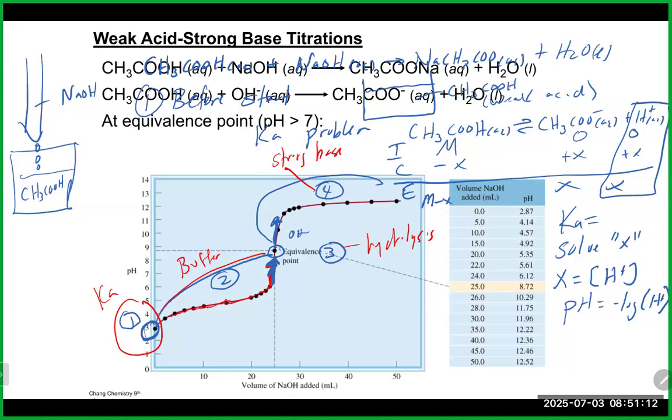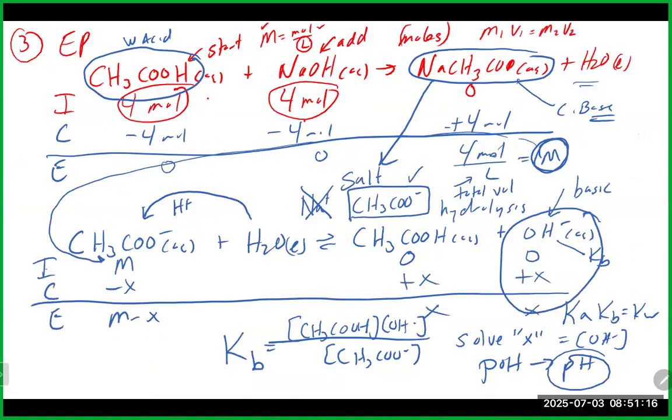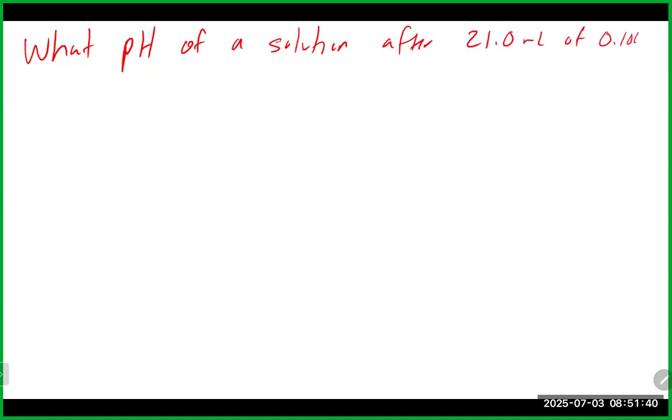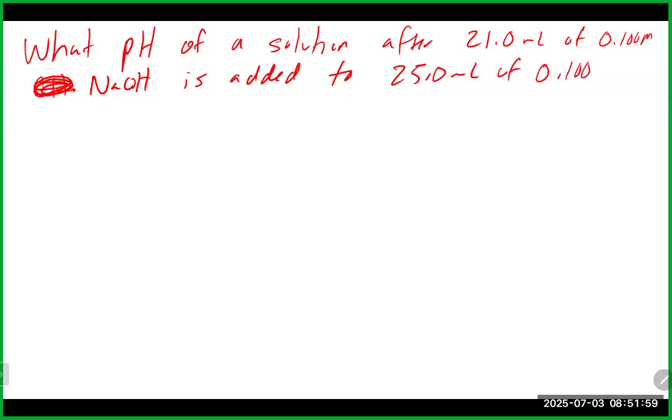So why don't we try one here? What is the pH of a solution after, we'll go with 21 milliliters of 0.1 molar sodium hydroxide is added to 25 milliliters of 0.1 molar acetic acid in a titration.